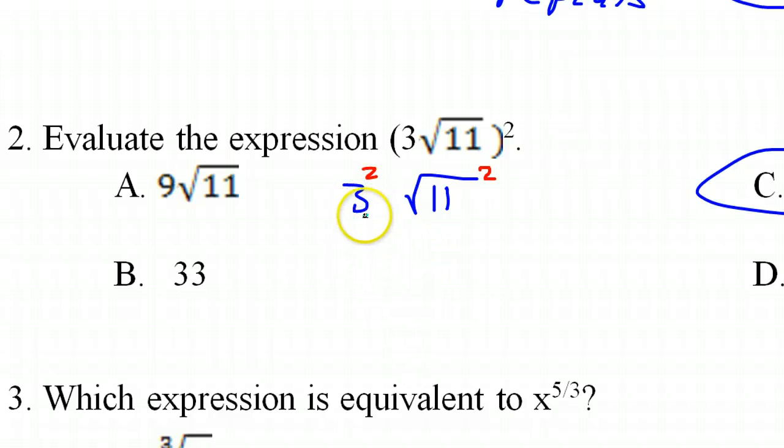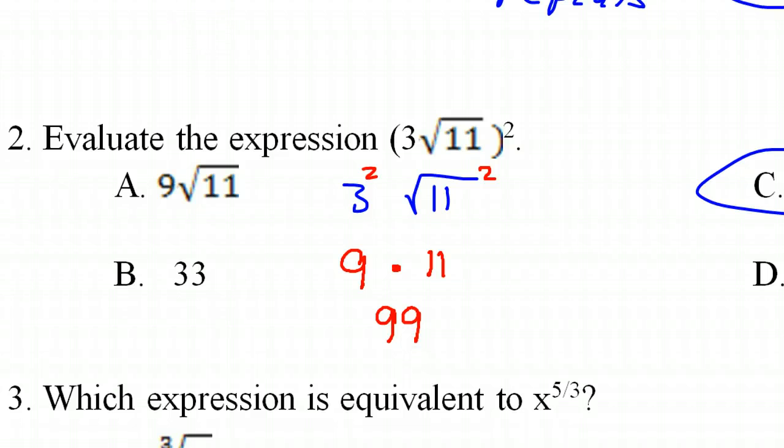So 3 squared is 9. Now, radical 11 squared, an exponent of 2, if you square something and take the square root, they just cancel each other out. So that's just 11, because the radical and the square undo each other. Those are inverses. So it's just 9 times 11, and that's why it's 99.